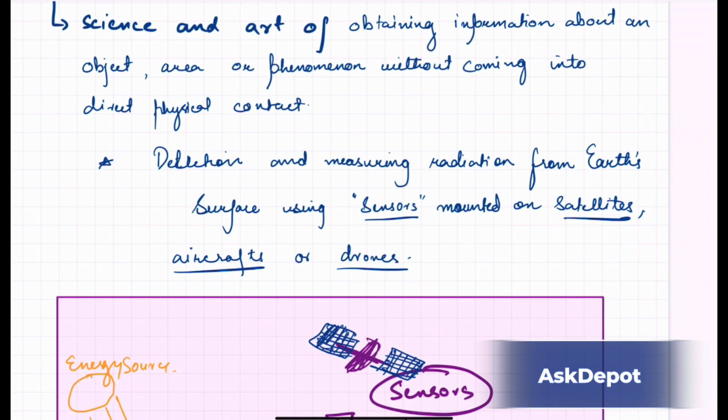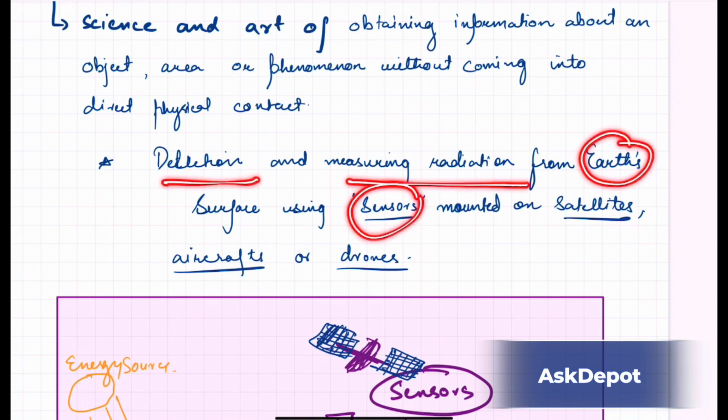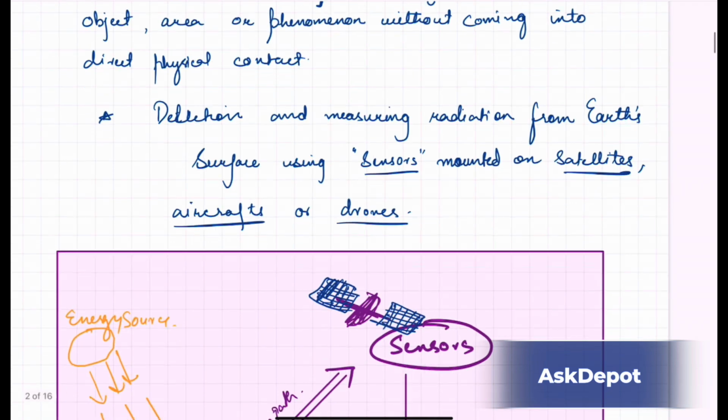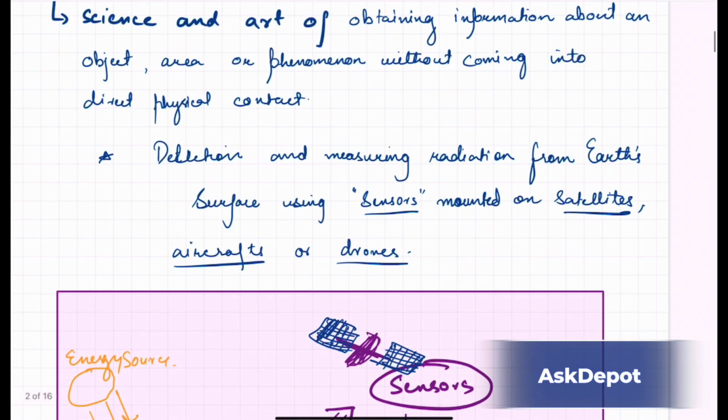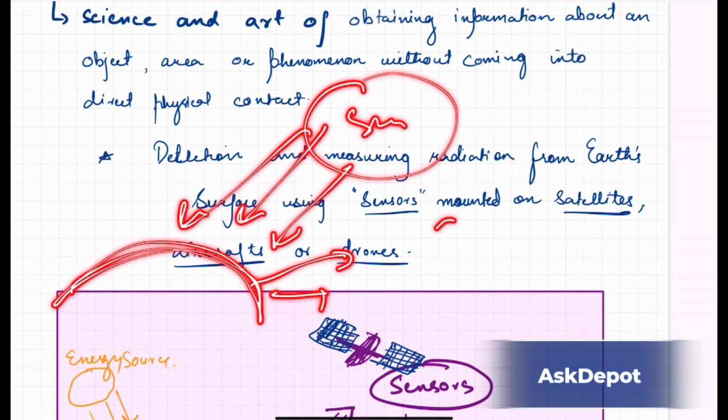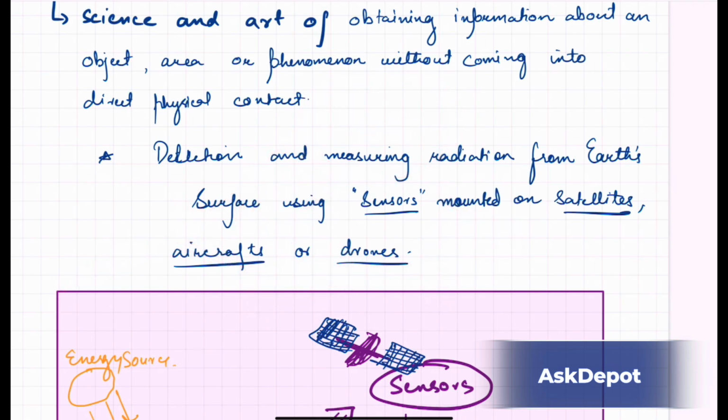This is actually the detection and measuring of radiation from the earth's surface using sensors mounted on satellites, aircrafts or drones. We have our earth, there is the sun, the rays coming on it, and whatever is reflected, our naked eye will perceive and we will be able to see it.